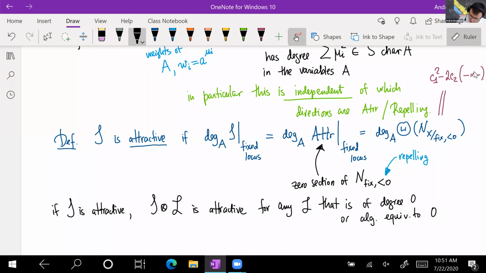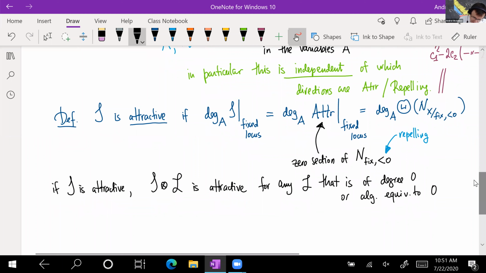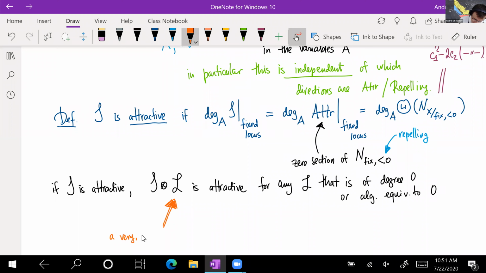And this is kind of, maybe this is the main point. This is a very, very, very important degree of freedom.